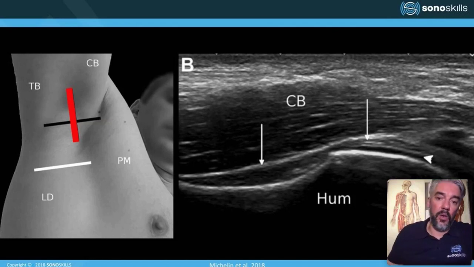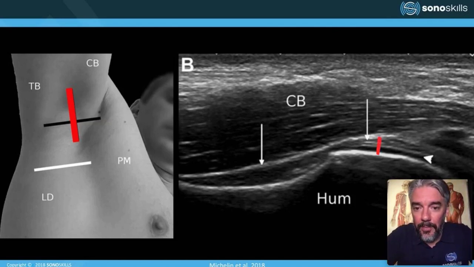And what we are going to assess is the distance from top of the capsule to the bone. We're going to assess the capsule thickness, how much fluid there is, not only on top of the humeral head, but also within the axillary recess.